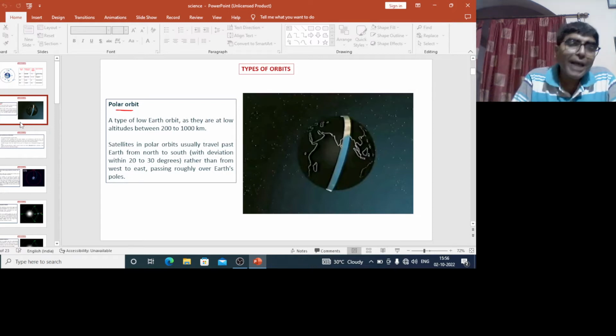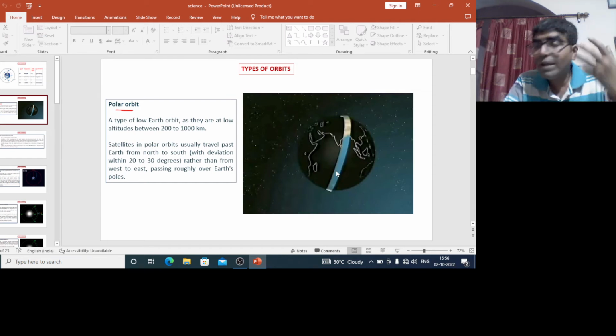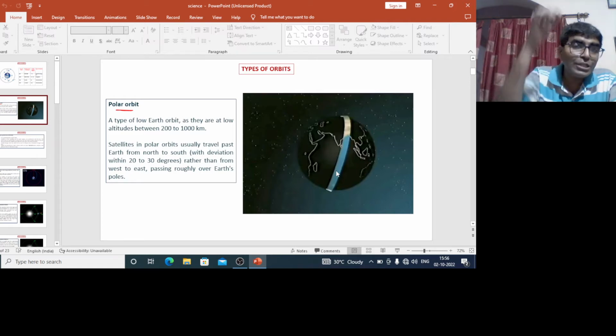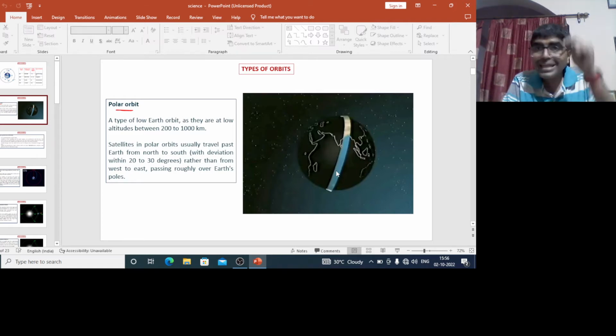So you can understand that this polar orbit will give you overall information, for example about the formation of any forest fire which is occurring. That information can be given in this polar orbit where a satellite is placed at low altitude. We can describe this position as a circular position.